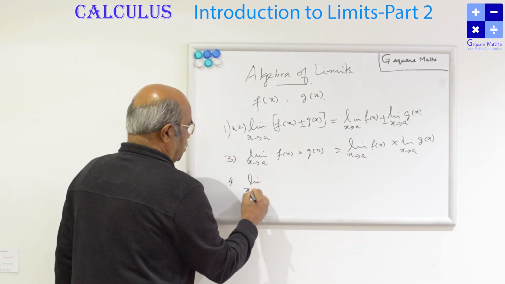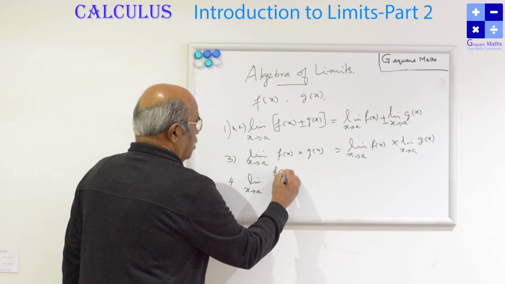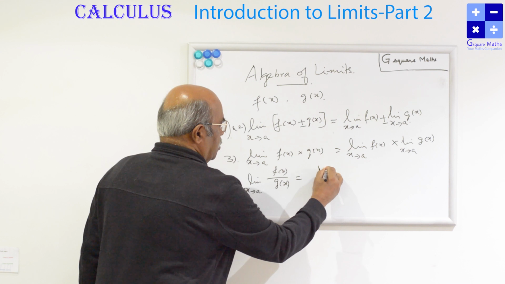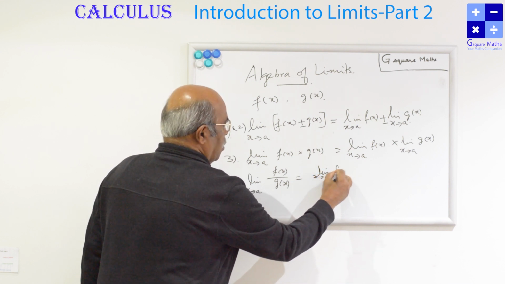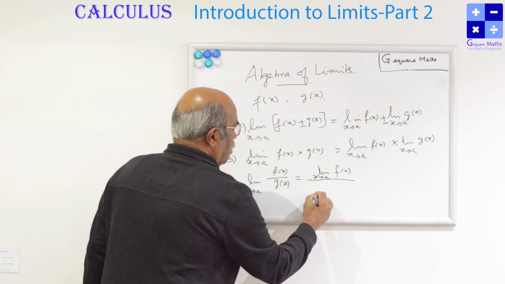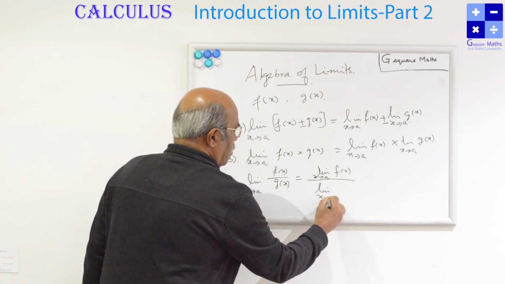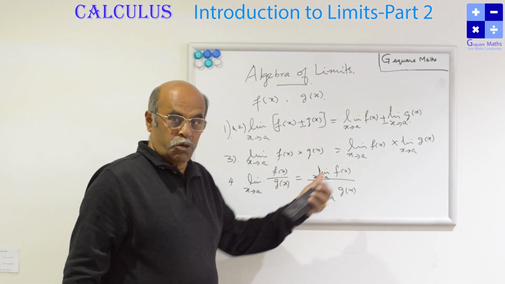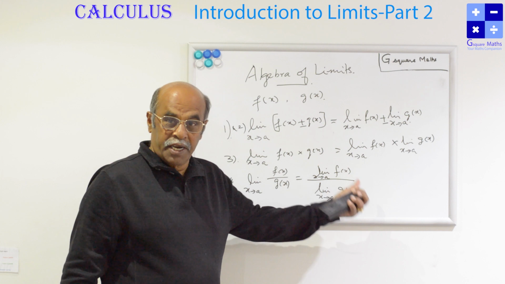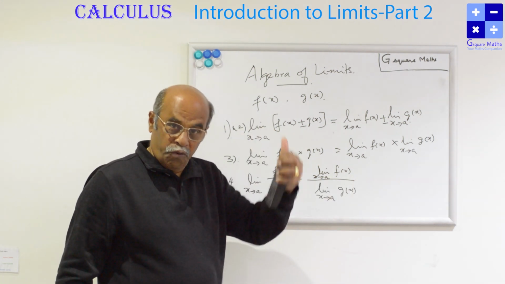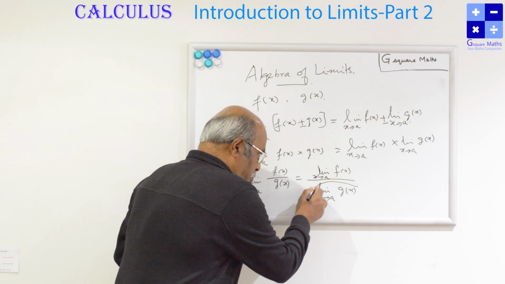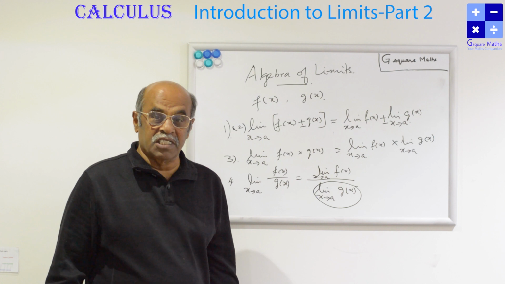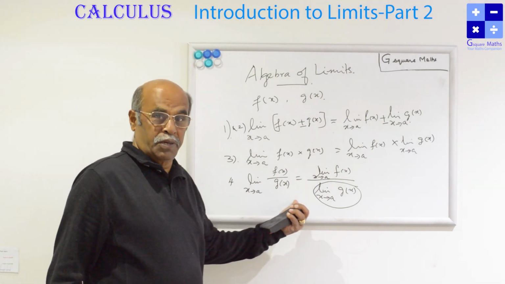So we have to be a little careful about the fourth one. Limit of the quotient is equal to quotient of the limits, provided, be careful, the denominator limit should not be 0. If the limit as x tends to a of g(x) is 0, this rule is not applicable.